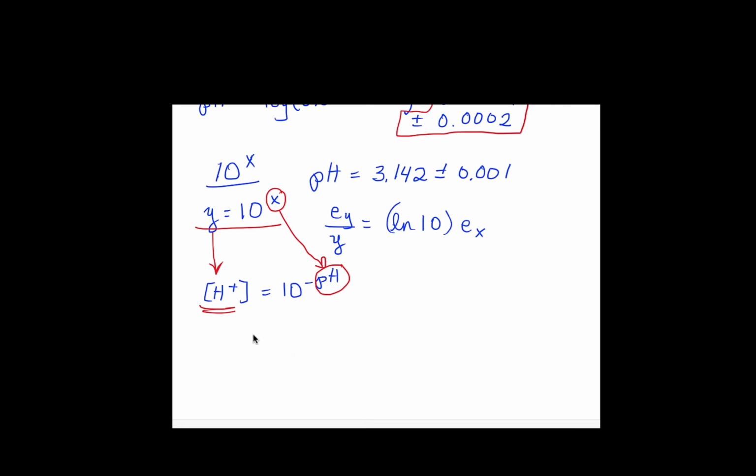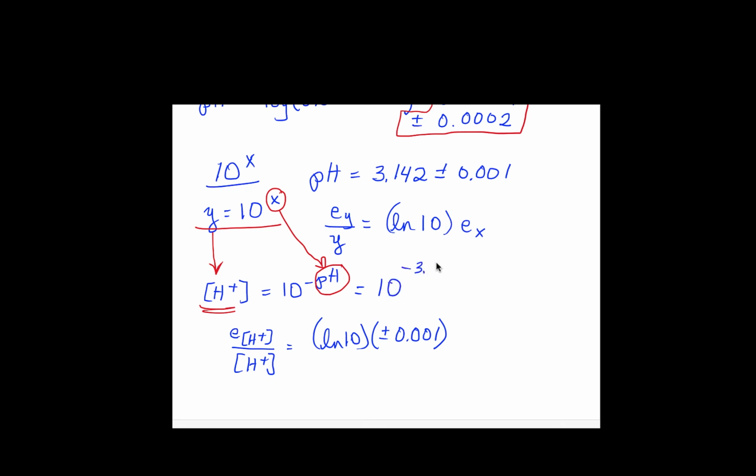So our relative concentration uncertainty divided by our H+ is equal to natural log of 10 times the uncertainty of the pH, so that's plus or minus 0.001. We also need to calculate the H+ right here, so let's go ahead and do that.